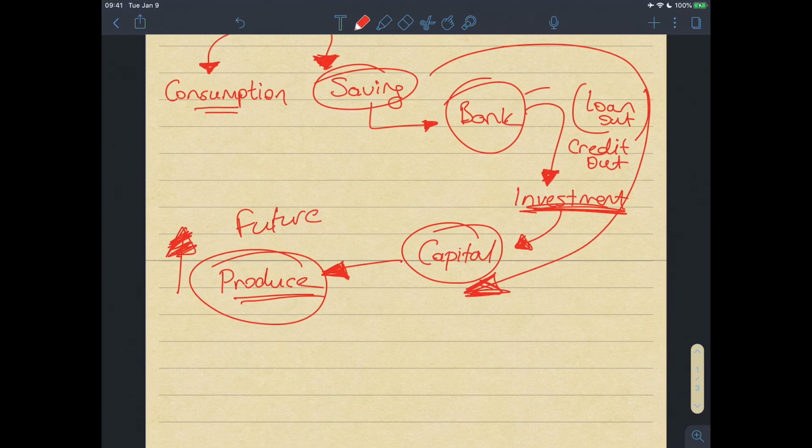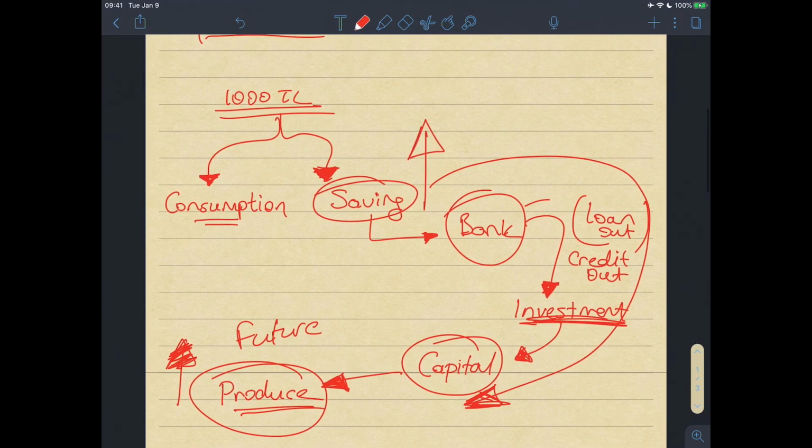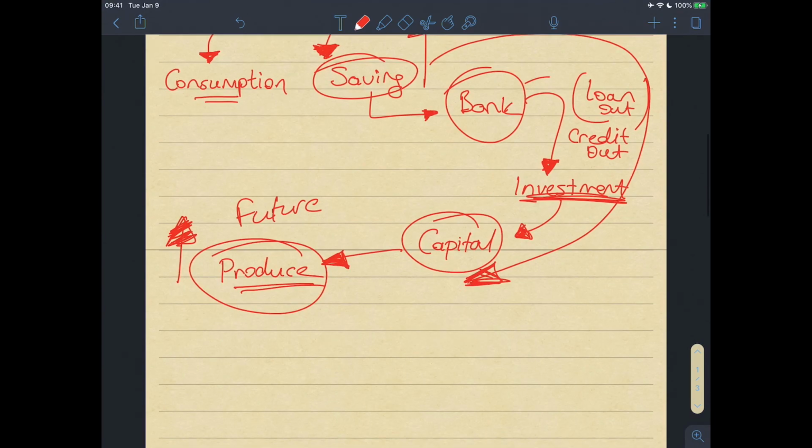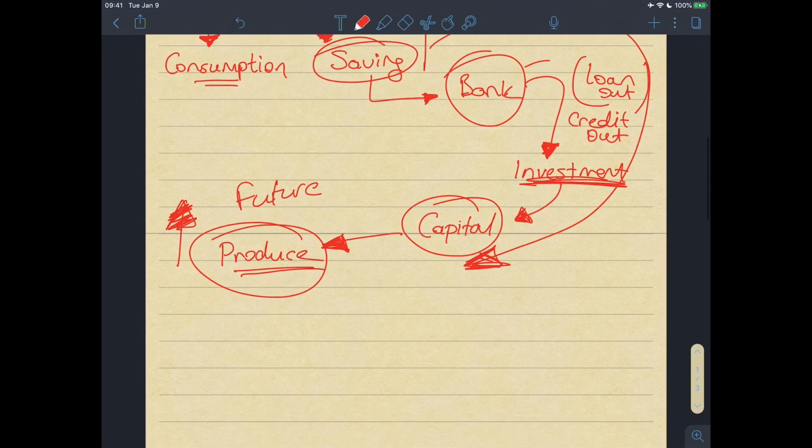So basically, if you save more today, your production as a whole country, imagine this process happens for every entrepreneur, your future growth of the economy will increase.